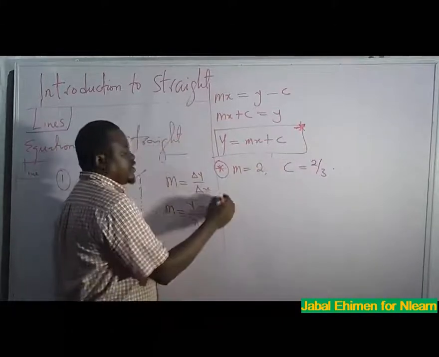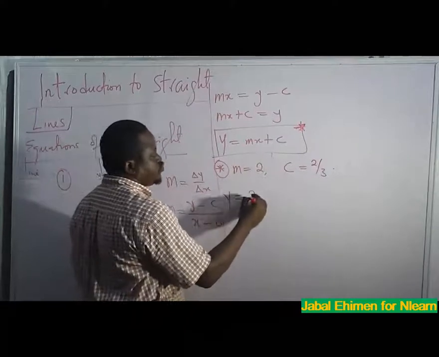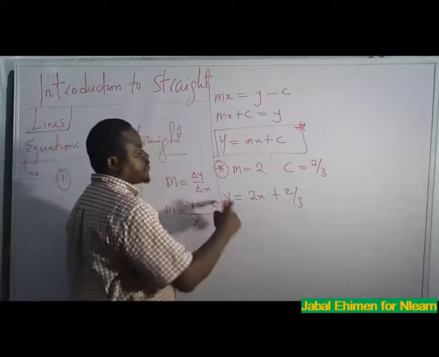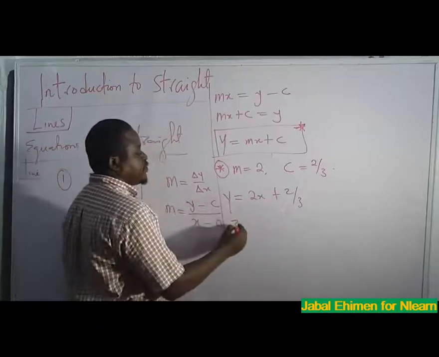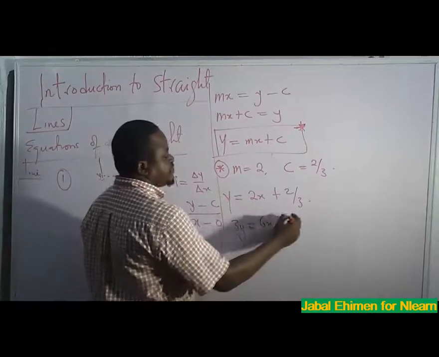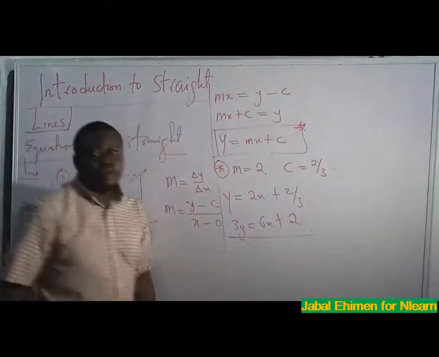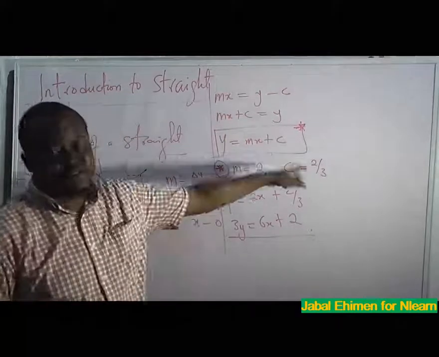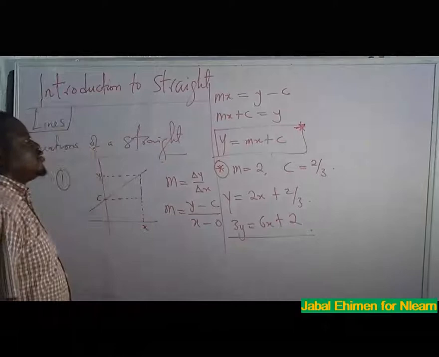So how do you find the equation? The equation becomes y equals to 2x plus 2 over 3. So if you multiply all through by 3, you have 3y. Multiply this by 3, you have 6x. Multiply this by 3, you have 2. So that is the equation. So it's easy. Always remember, the first equation is y equals to mx plus c. Now we're done with that.